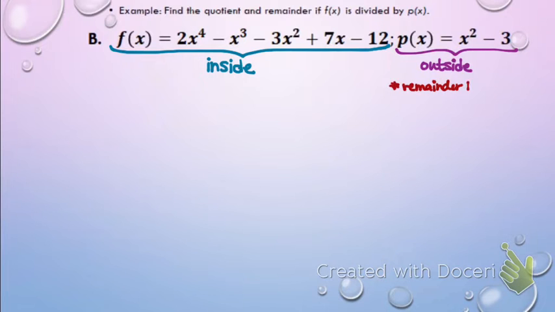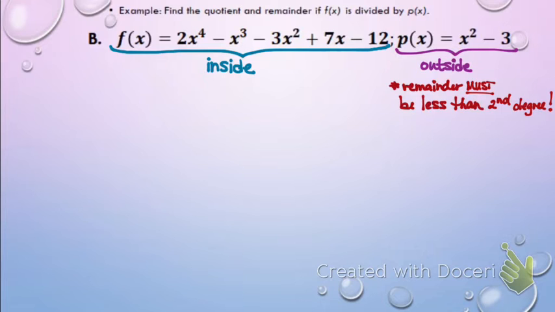So remainder must be less than second degree, according to the rules of my division algorithm. All right, so I'm going to write f of x underneath my long division symbol.